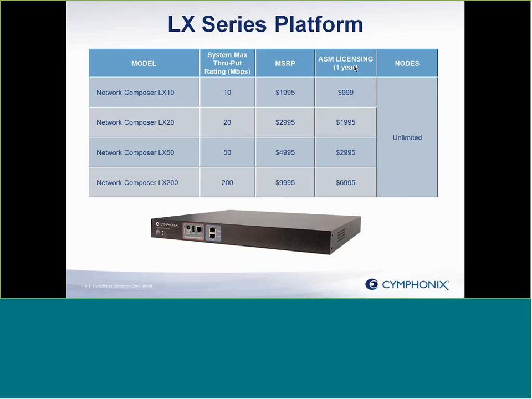If you buy for multiple years, there are some discounts there, and I believe that we do have some incentives for education as well. As for the number of nodes for licensing, we give you unlimited nodes. It doesn't matter if you have a small school or a very large school, we give you unlimited licensing regardless of how many students you have.